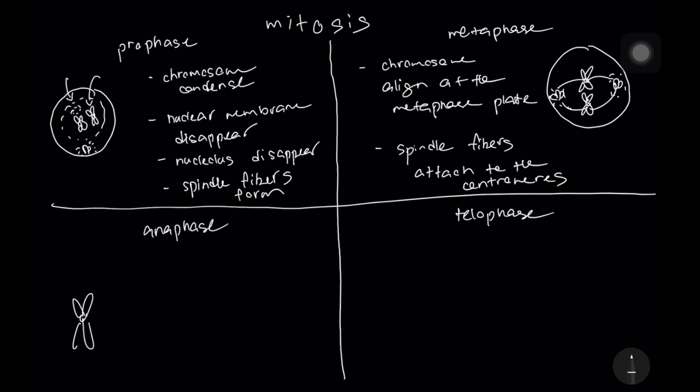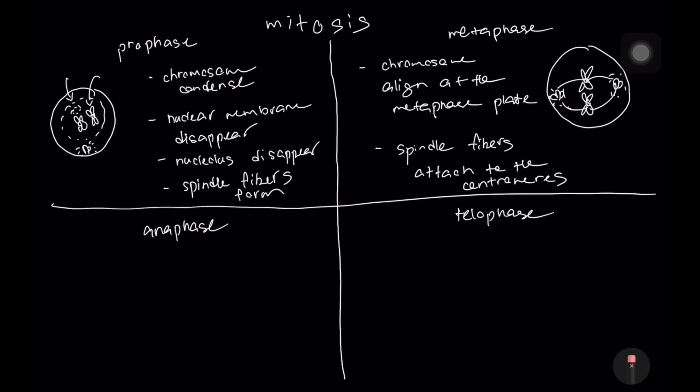Basically, the kinetochore is this thing projected out, like small balls. This is not so clear, so I'll draw it bigger. This is the normal chromosome with small projections sticking out here. This is called the kinetochore. Just for some understanding.